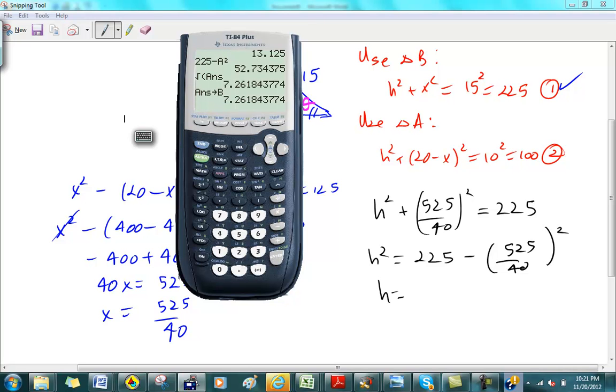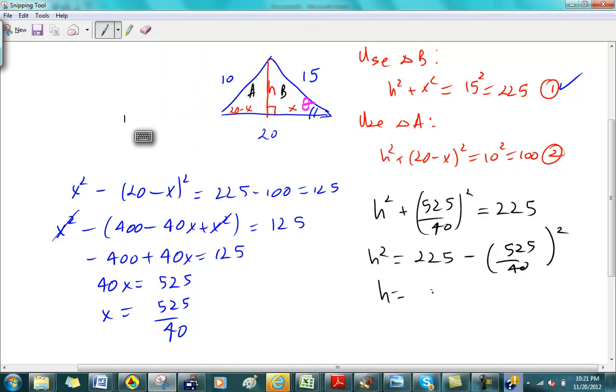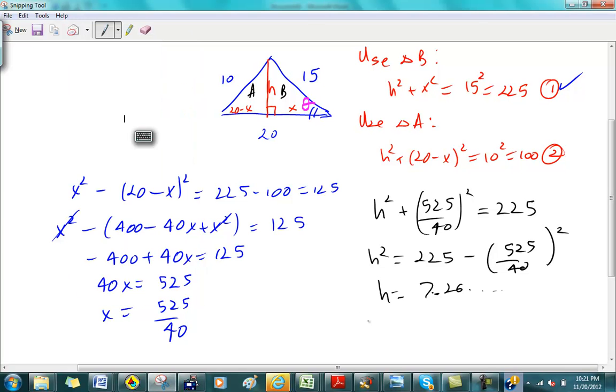Now if you take a look at triangle B, h is equal to 7.26 whatever. I know that theta is going to be equal to tangent inverse of h over x.